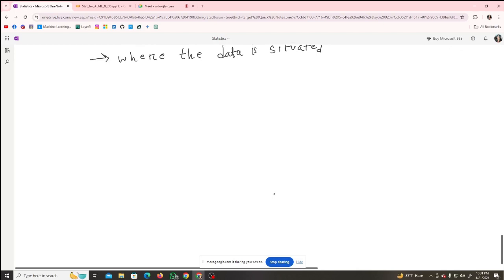Okay, so we have a few types of skewness. We have positive skew, also known as right skew.